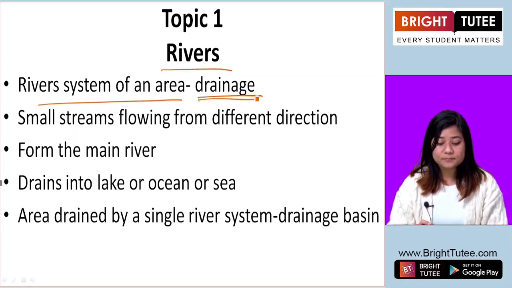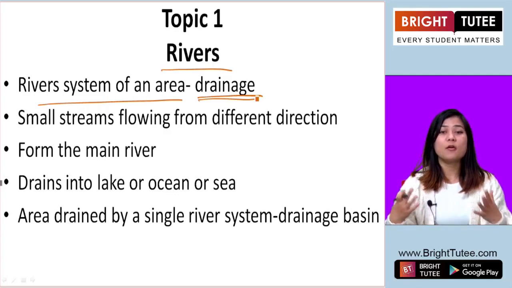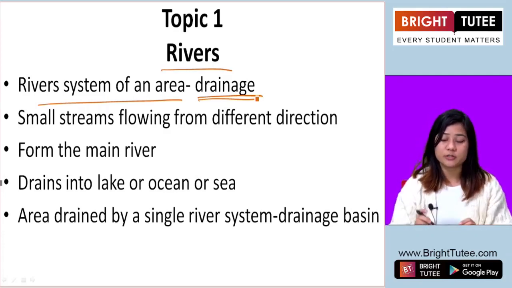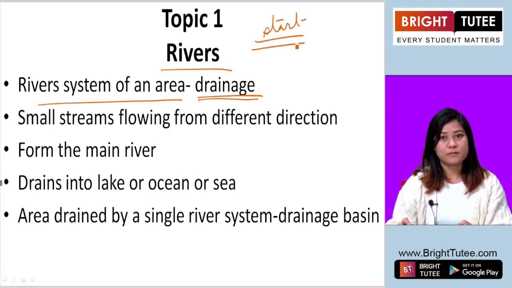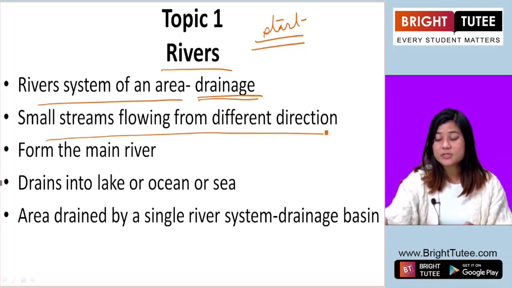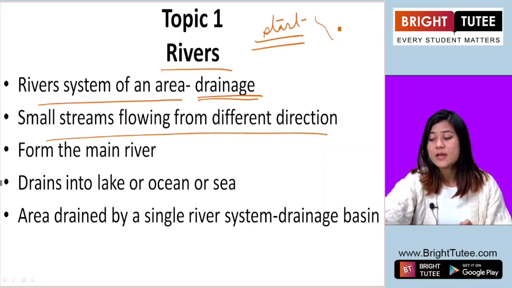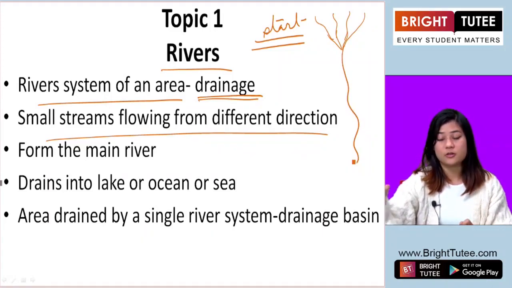Now, if we look at the river, we see one big or small river, but the river always has its origin, the start of the river, from where it begins. How does it begin? Small streams of river flow from different directions and they meet at a point and then form a large river.